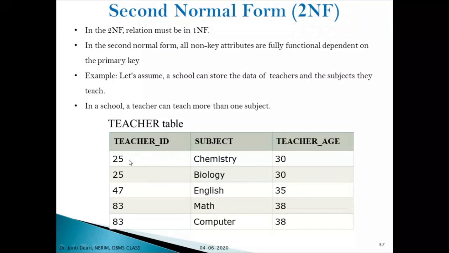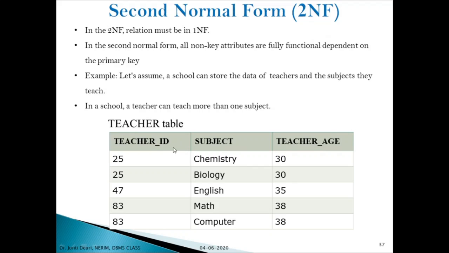Teacher ID can determine subject, and teacher ID can also determine teacher age. This is in the first normal form, but whether it is in the second normal form or not: it is not, because from this we can separate these two, teacher ID and subject, and teacher ID and age, since the repetition is independent.